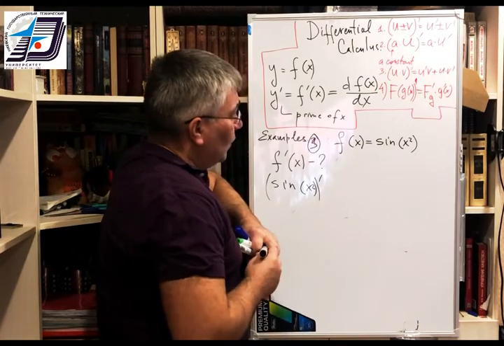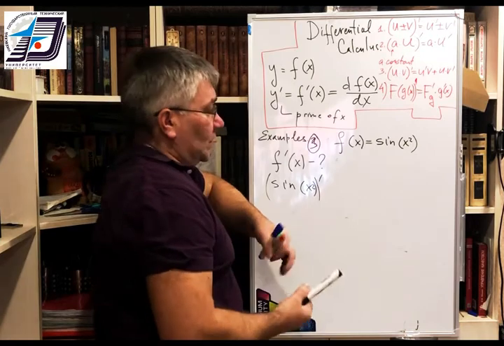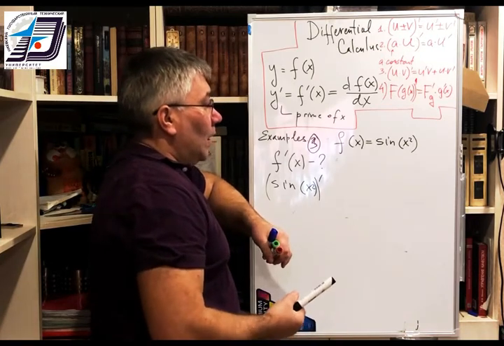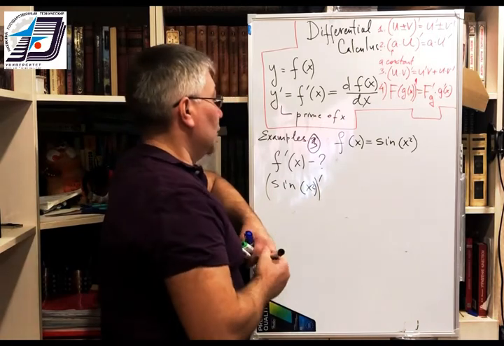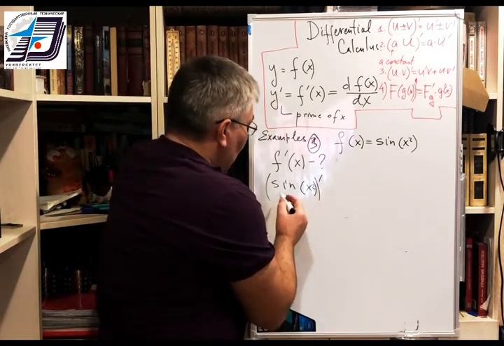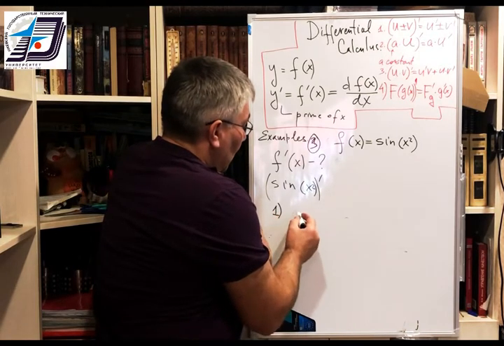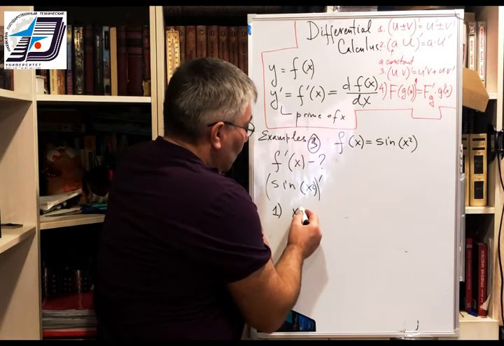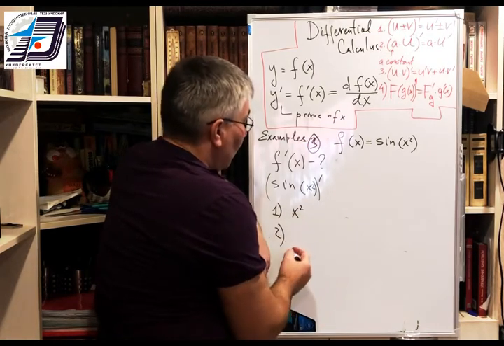But what is the difference here between sine of x squared and just sine of x? The difference is that this function is a compound, a composite function. You can notice that to calculate sine of x squared, you have to make two operations. Firstly, you have to raise x to the second power.